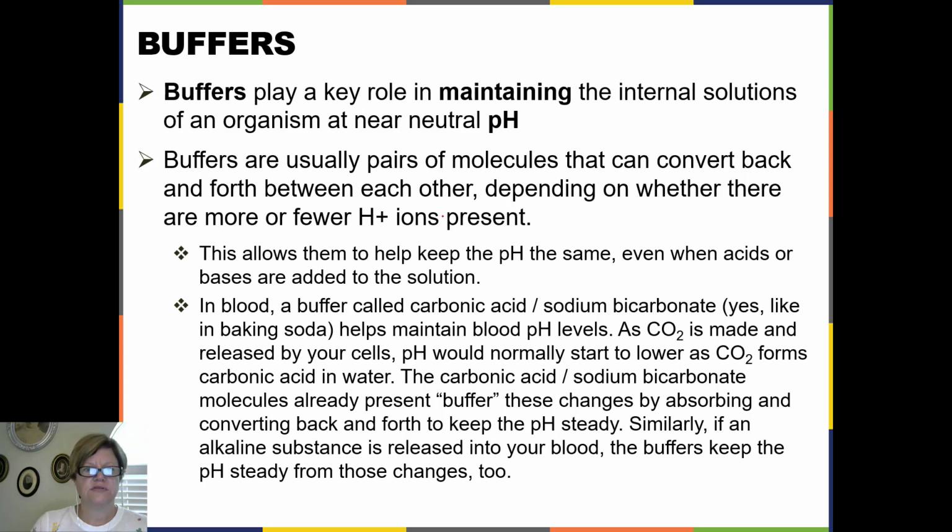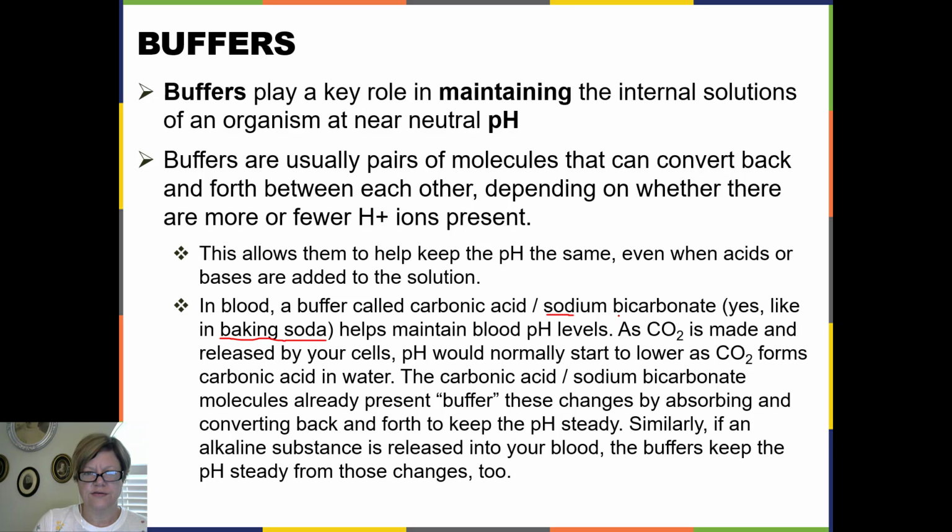Okay, buffers. We're going to talk about buffers just briefly. The most common buffer in the human body is called bicarbonate. It's literally the material in baking soda. The full name of baking soda is bicarbonate of soda, which is soda, sodium. I don't know how they ended up with this because it's not like soda like Coke.